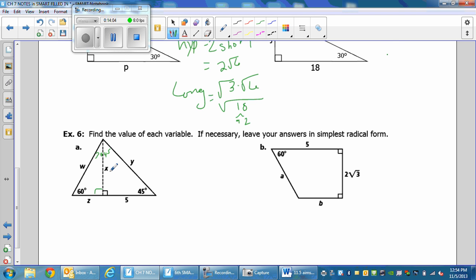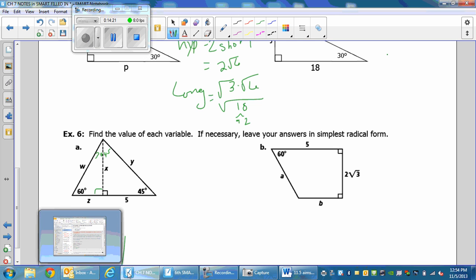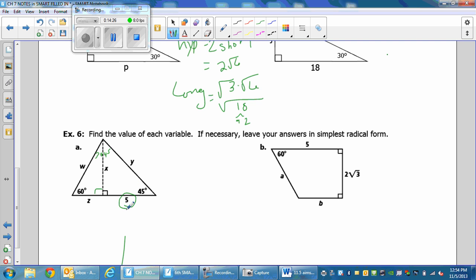So as far as, let's start with, what do we know? We know this 5 here, so let's start with that. So I have one leg, and the leg I know is 5. So that tells me that I can use that leg with my 45, 45, 90 to solve.